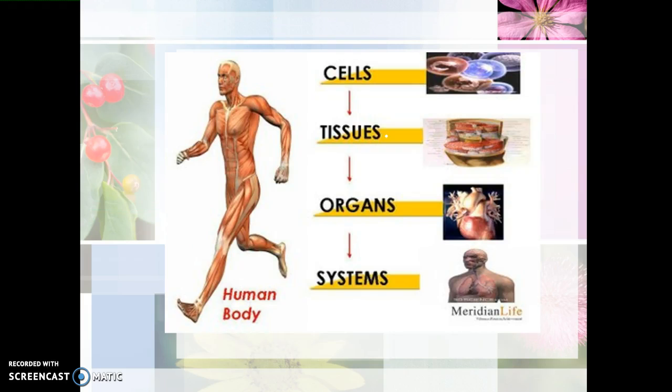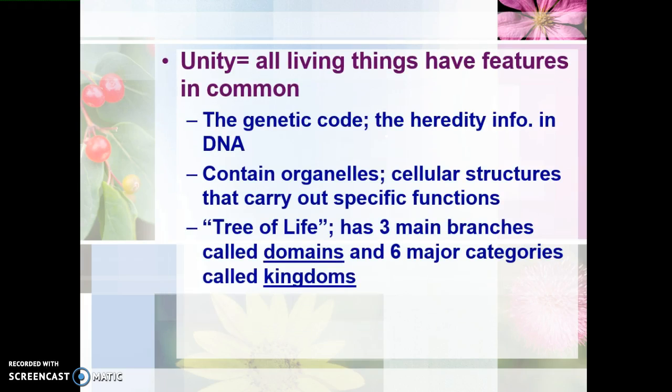In the human body, we have cells that make up tissues, tissues that make up organs, and organs that make up organ systems that allow the whole body to function. The unity piece: all living things have features in common. Examples are the genetic code, the hereditary information in DNA that gives us similarities among all living things. All living things have cells that contain organelles. If they're prokaryotic cells, they don't have organelles, but they have cellular structures that help carry out their functions.